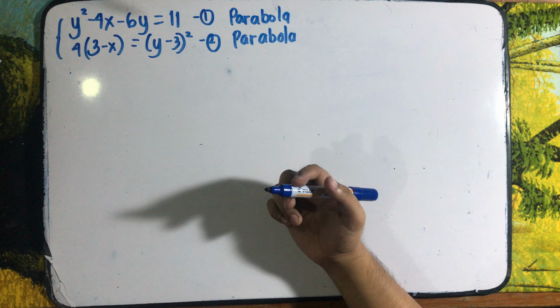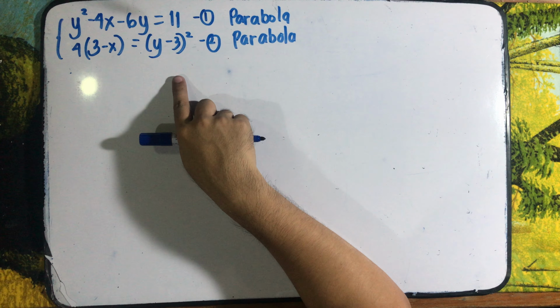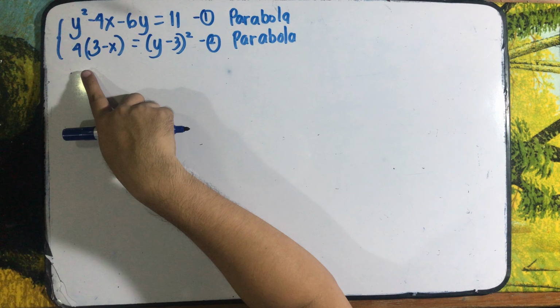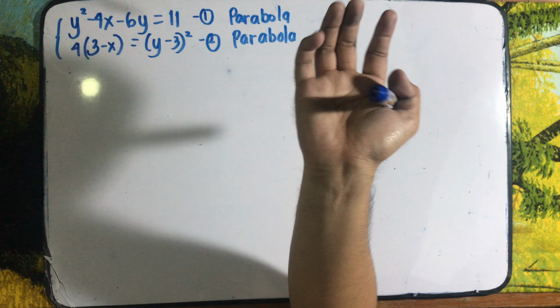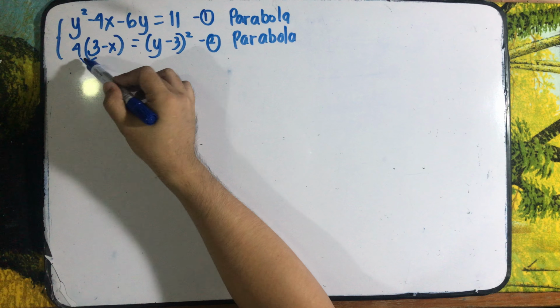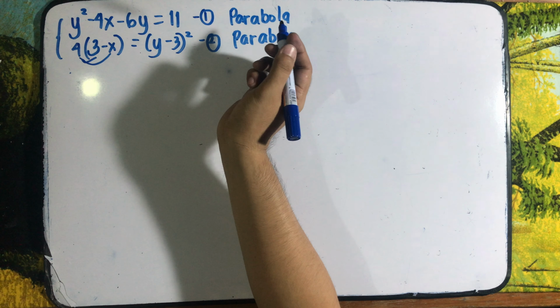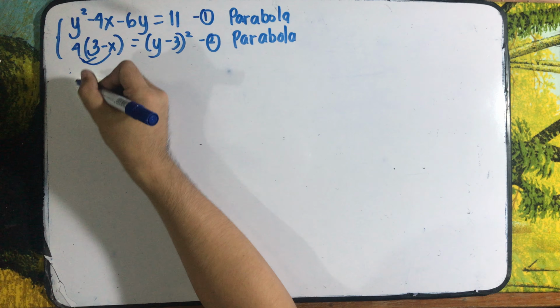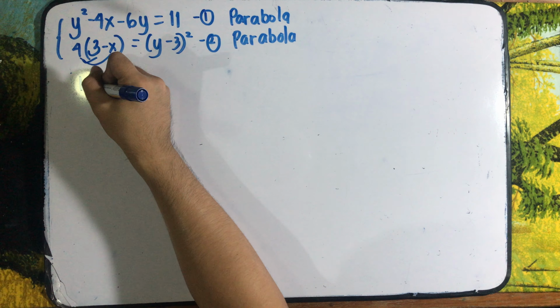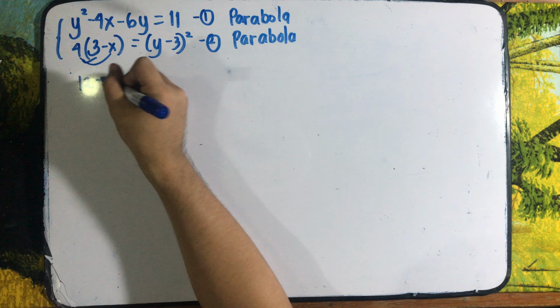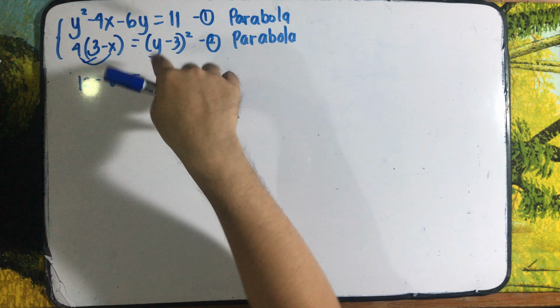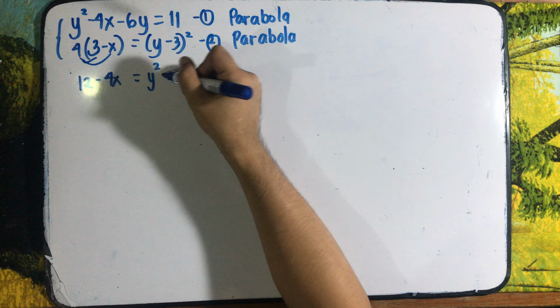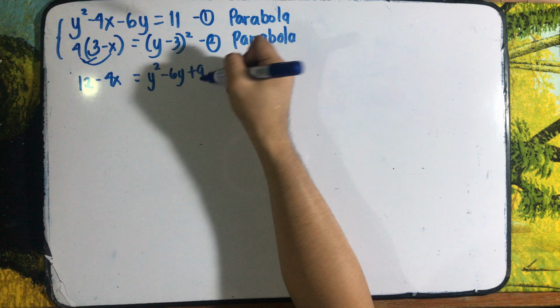Okay, so if we have this one, since we could not cancel anything, all we have to do is distribute the coefficients. Therefore, for the second equation, we'll be having 4 times 3, which is 12, 4 times x, which is negative 4x, is equal to the expansion. This becomes y squared minus 6y plus 9.